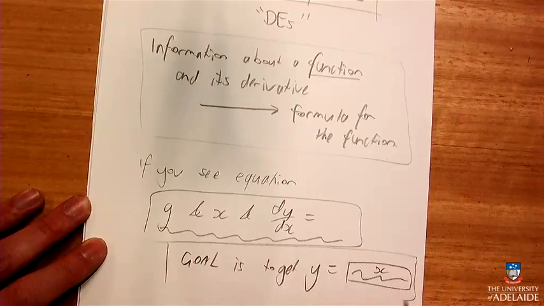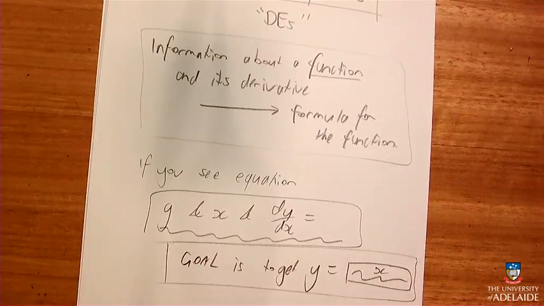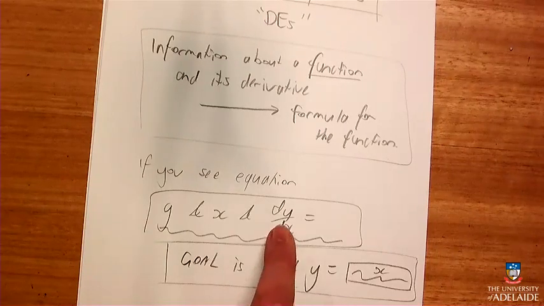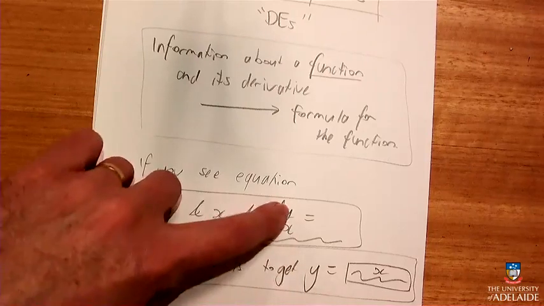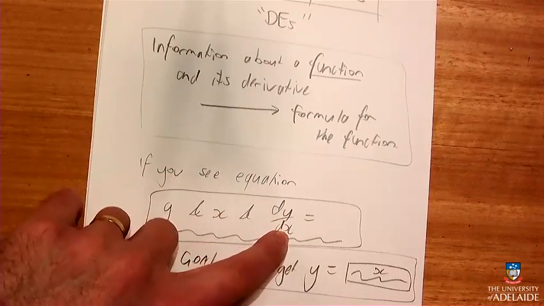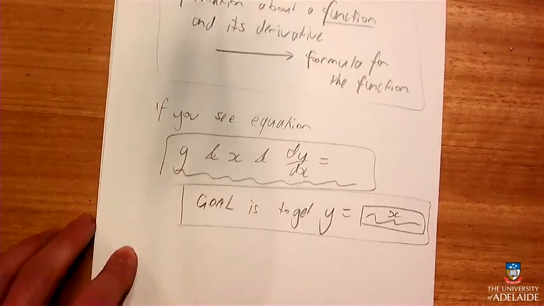I know that's a really weird thing to write, but it's hard to write it down because in my head it's just a vague picture. Okay? And so whenever it has d thing on d thing, it means that you want this as a function of that. That's the goal. Okay.